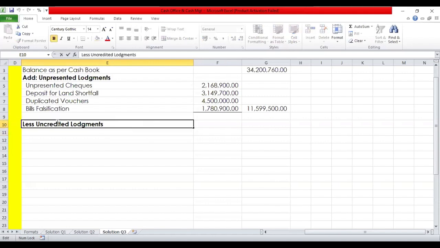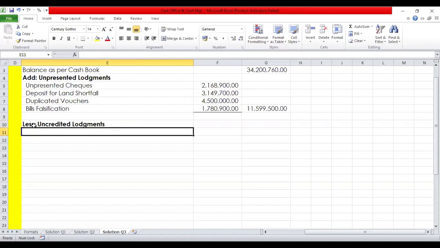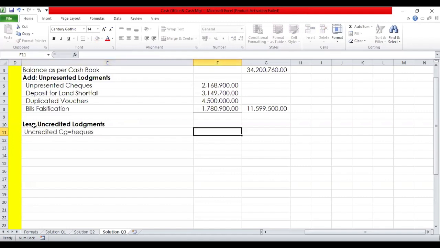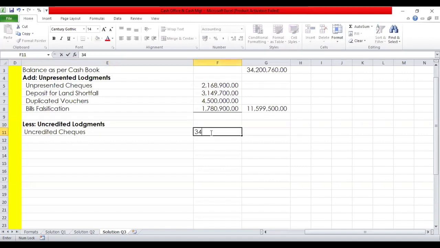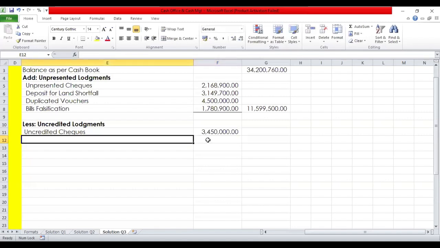Uncredited cheque. How much? 3,450,000. Yes, sir. The next one.